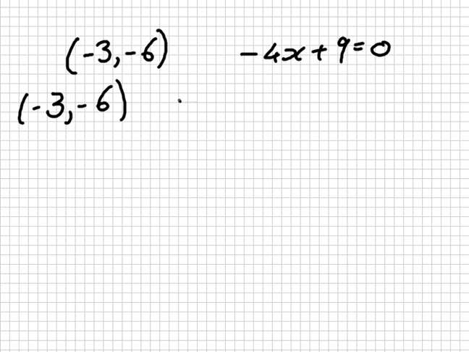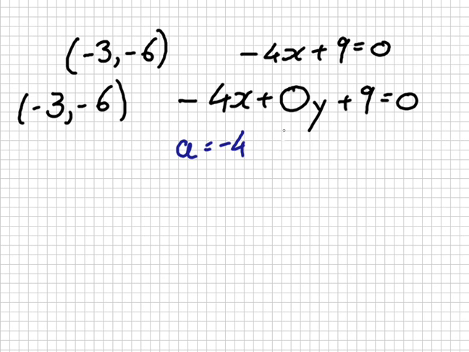But if I rewrite it like this, now maybe it's a little bit clearer because we don't have any y's. So the y part is actually 0 here. So you get a equals -4, b equals 0, c equals 9. So I think that's the complication there with that one.